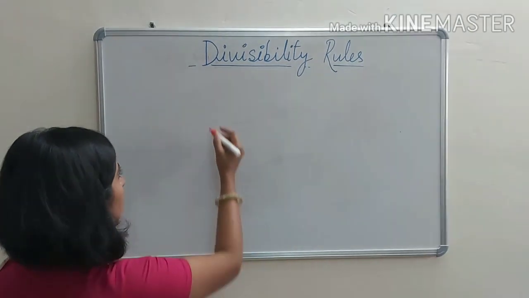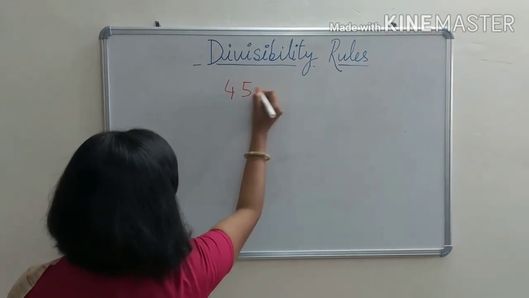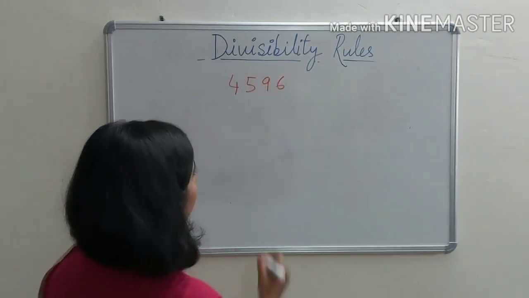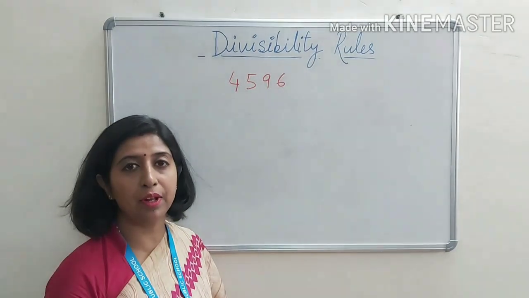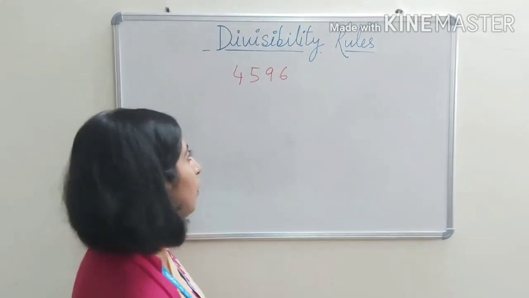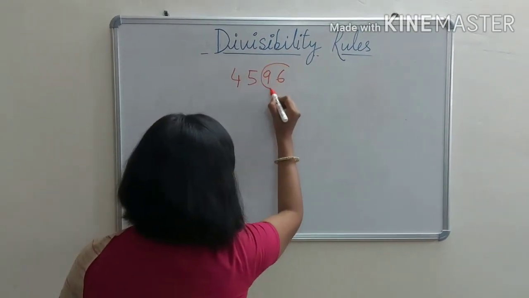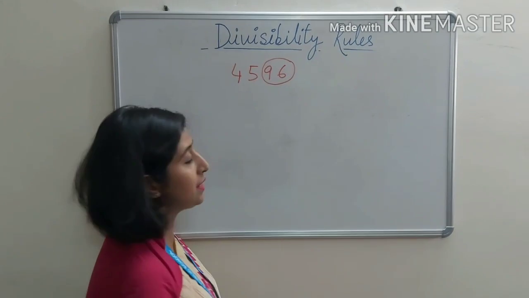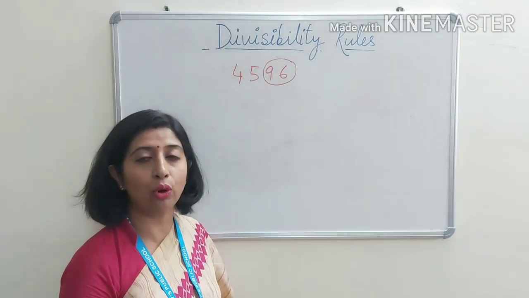Let's take one more example. 4596. We have to find out whether this number is divisible by 4 or not. So we will go according to the rule. We have to circle the last two digits and find whether this number is divisible by 4 or not.